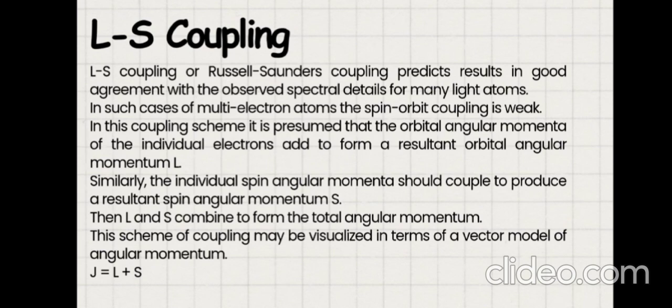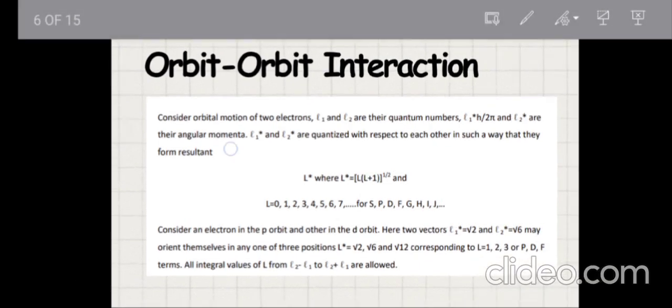In this coupling scheme, it is presumed that the orbital angular momenta of the individual electrons add to form a resultant orbital angular momentum L. Similarly, the individual spin angular momenta couple to produce a resultant spin angular momentum S. Then L and S combine to form the total angular momentum. This scheme of coupling may be visualized in terms of a vector model of angular momentum: J is equal to L plus S.